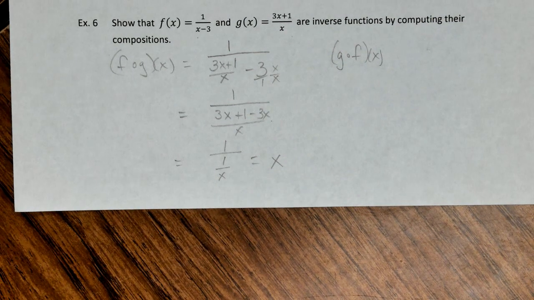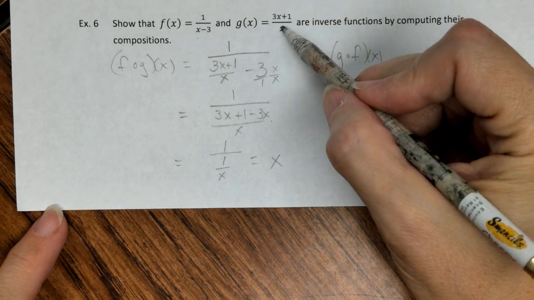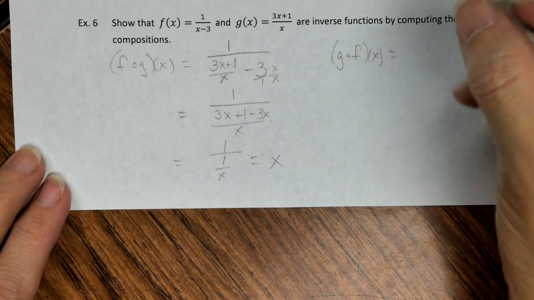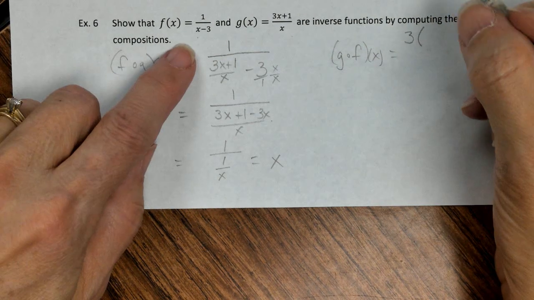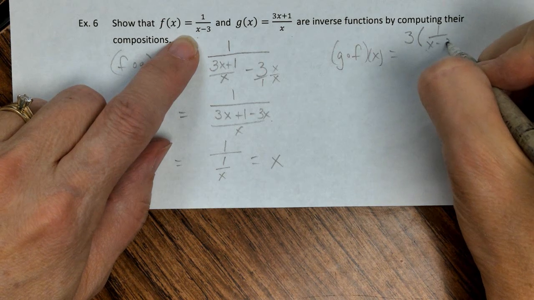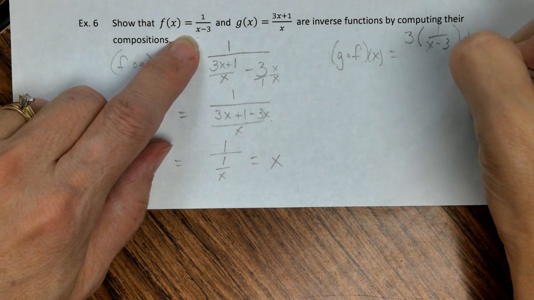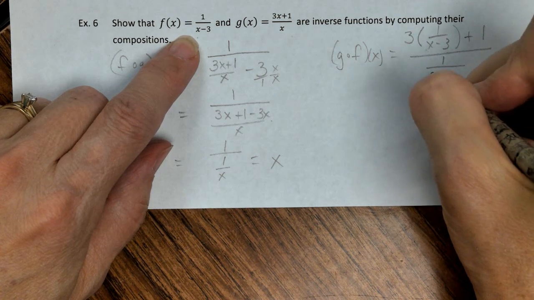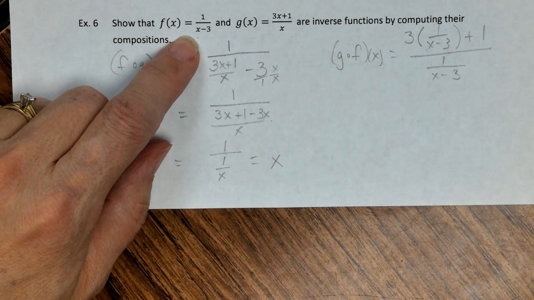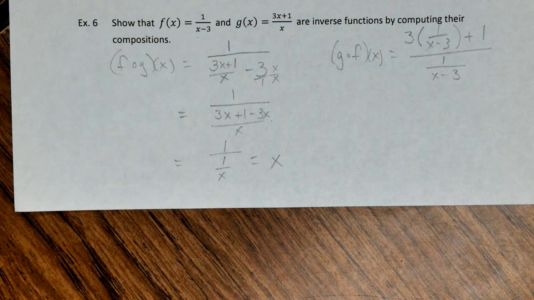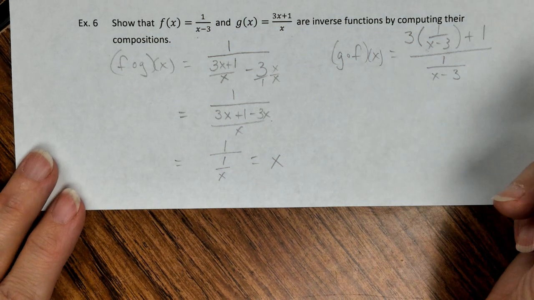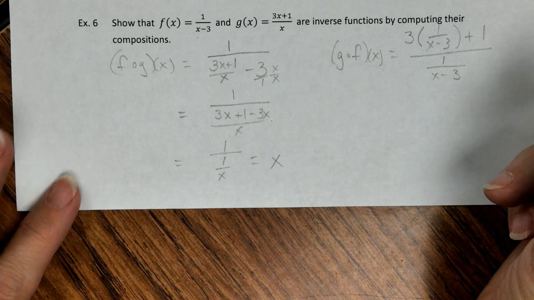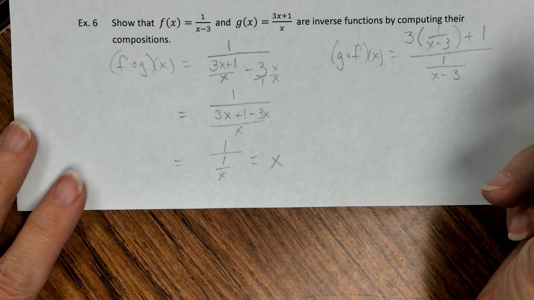g of f of x. Okay, so now we're doing it the other way. We put f into both of those x's. So 3 times 1 over x minus 3 plus 1 over 1 over x minus 3. Okay, so for this one, I kind of would have two different ways you could go about this.